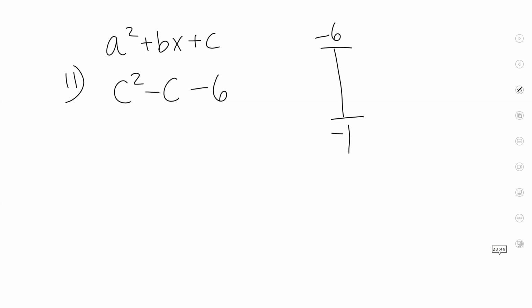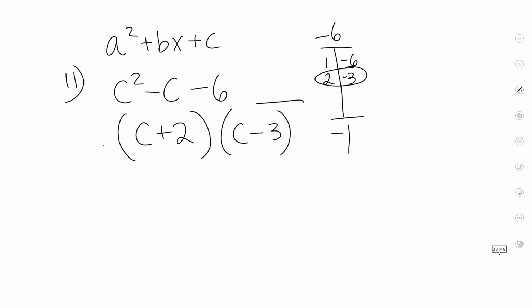If we're stuck, just start with 1. 1 times 6 gives me 6, make one of them negative. 2 times 3 will give me 6, but let's make one of them negative. Do y'all see an answer? This one. 2 times -3 is -6, but if you combine it, it's -1. So these are my factors: c plus 2 and c minus 3. Those are your factors.